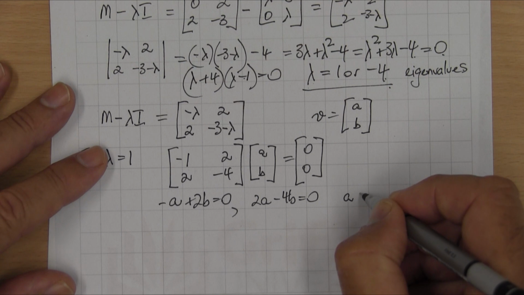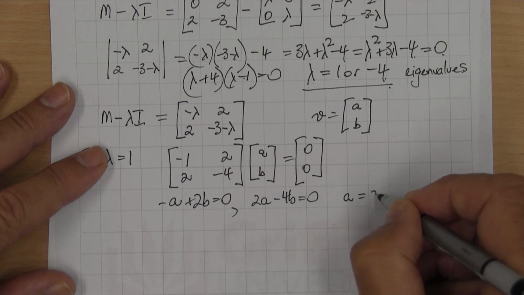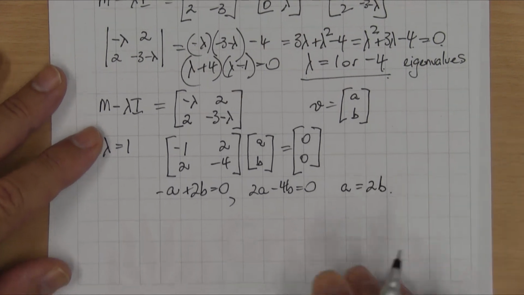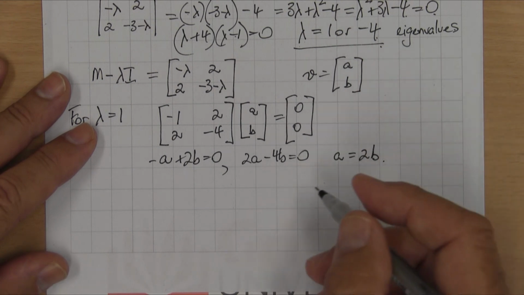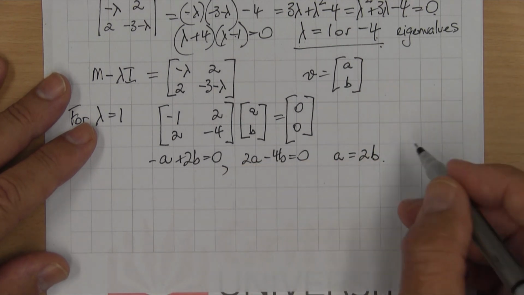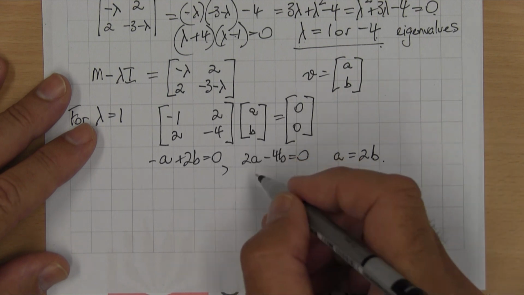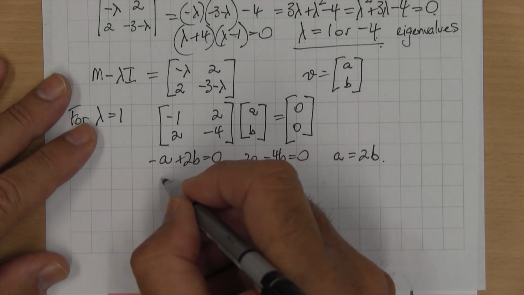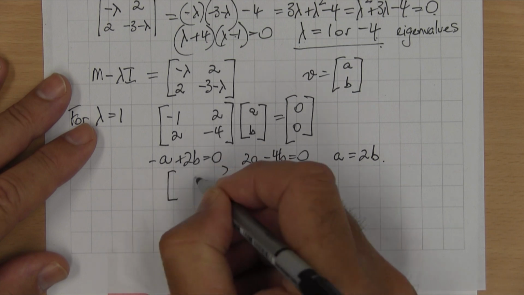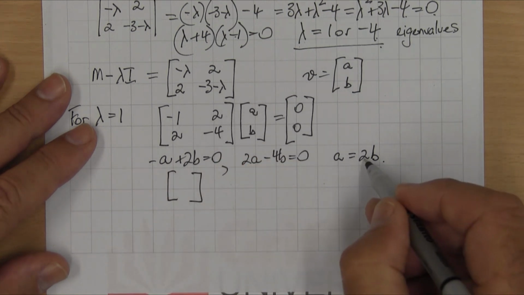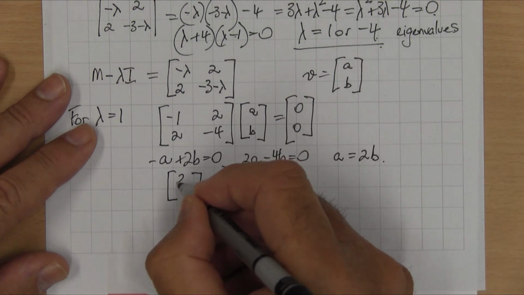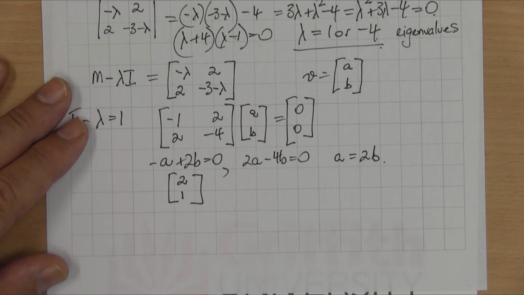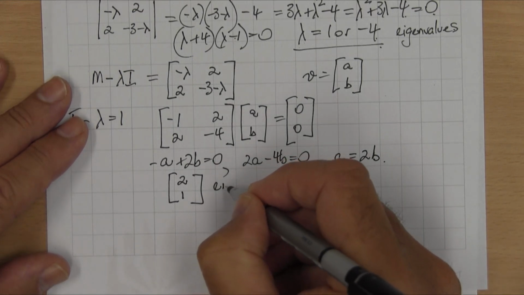a is equal to 2b. So therefore we can get the eigenvector. If a is equal to 2b, we can say that the eigenvector is, as long as the a value is twice as much as that, so it'll be just equal to (2, 1). So there is the eigenvector.